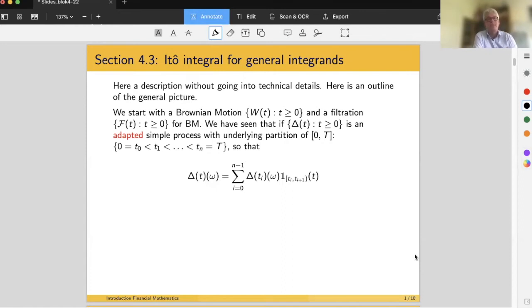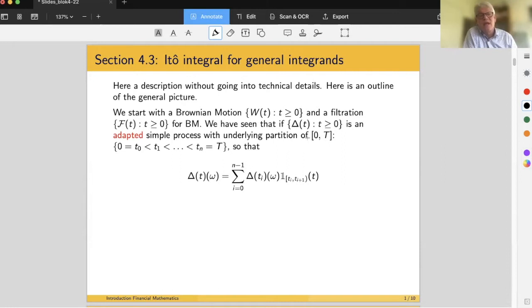Now let's continue. What did we see in the previous lecture? We defined a Delta_t, t greater or equal to 0, that was an adapted simple process, adapted to the filtration, with an underlying partition of [0,T], because we go to a simple process and then we need a partition.